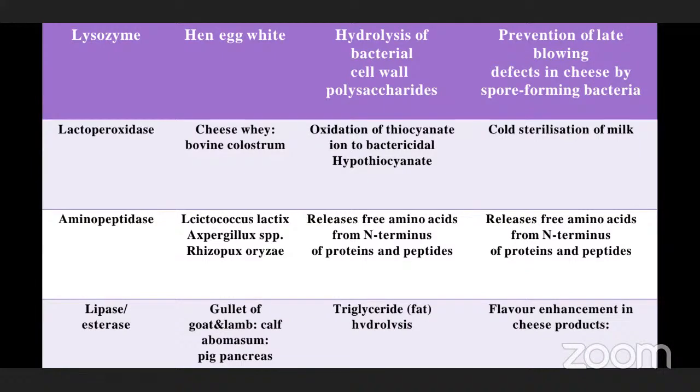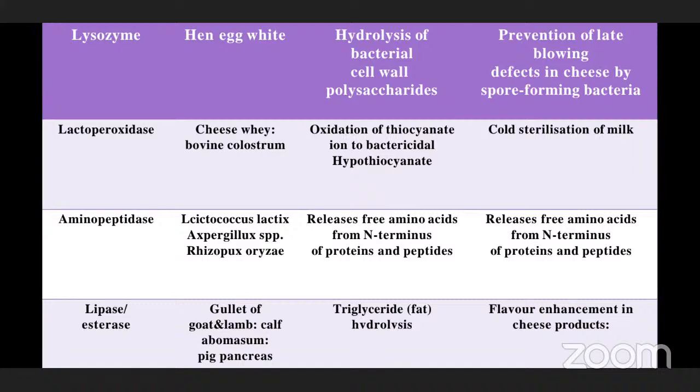This is used in the hydrolysis of bacterial cell wall polysaccharides. Therefore, this is used in the prevention of late blowing defects in cheese by spore forming bacteria. Okay. So that means to kill the bacteria in the cheese production.